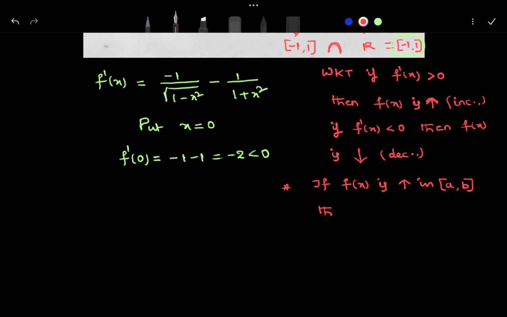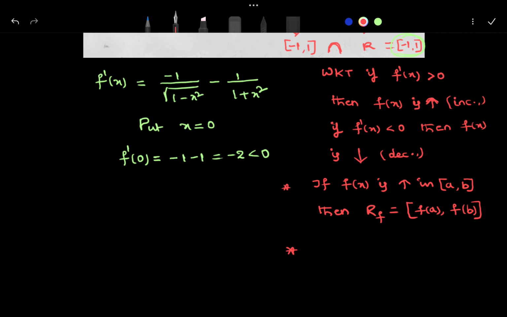The range of f is equal to the closed interval f of a comma f of b.